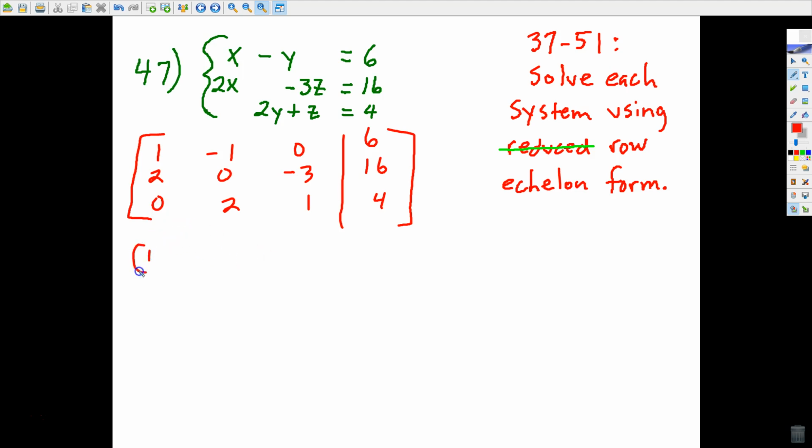To say that, you just do a double arrow. Row 2 and row 3 are just going to switch. So row 1 is good like it is. Row 2 is going to go down to row 3's place, and I'm going to move row 3 up.